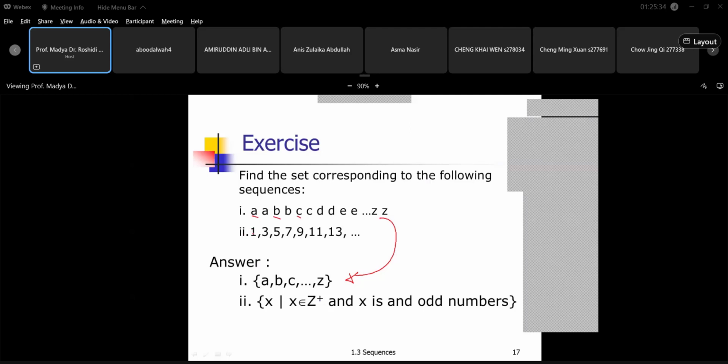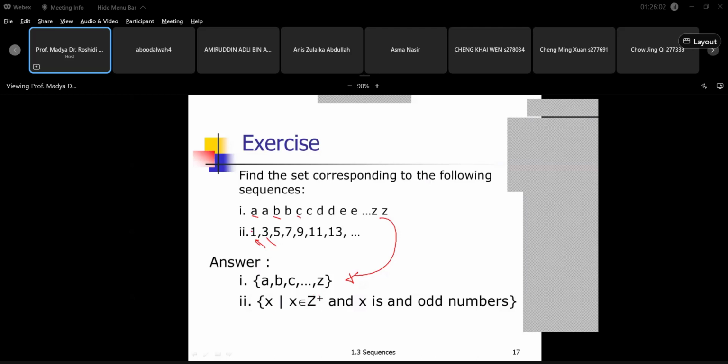The second question is 1, 3, 5, 7. If we look at 1, 3, 5, 7, actually all these values are odd numbers. So we represent them through this kind of representation: x where x is an element of Z plus, an odd positive number. Why? Because it starts at 1, 3, and so on.